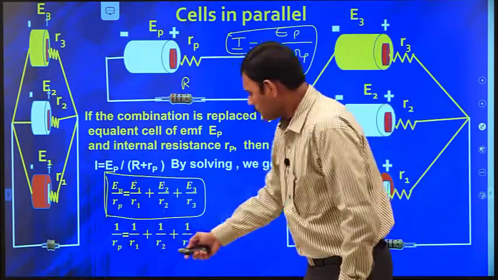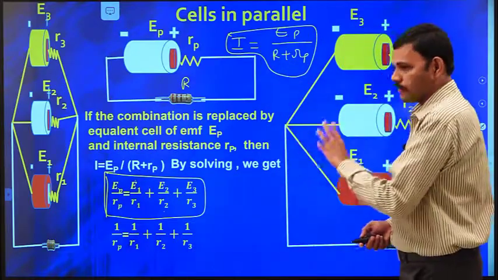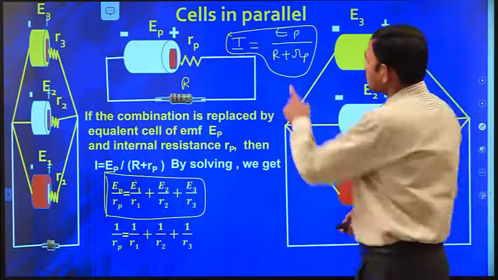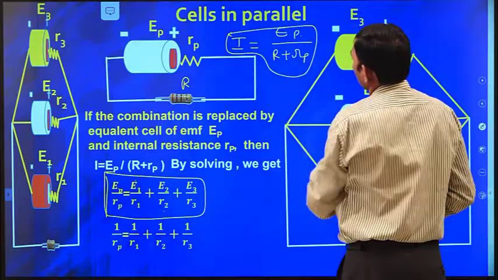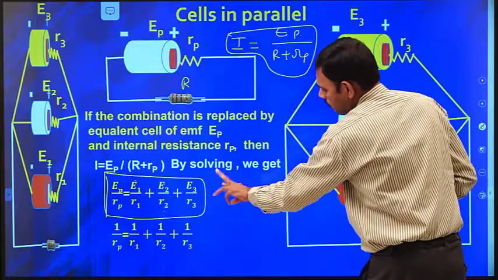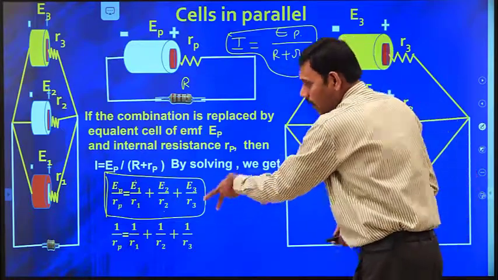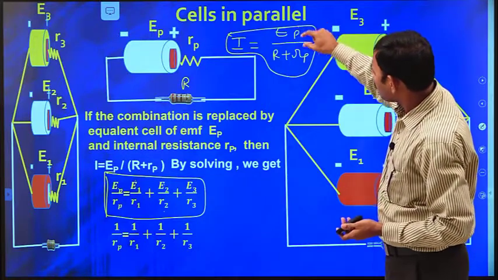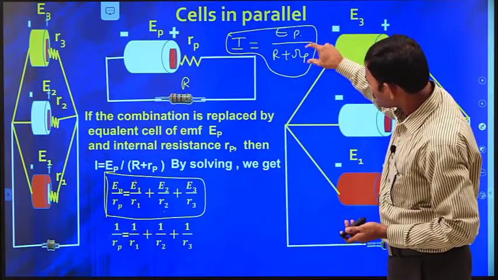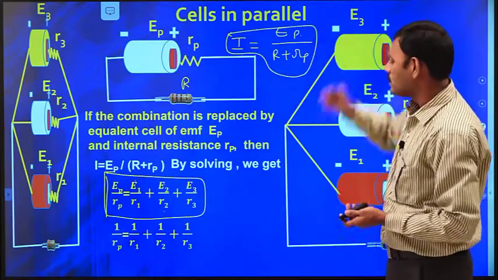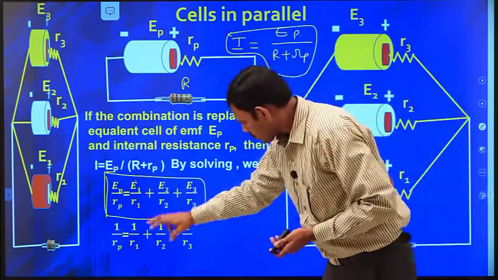This is the simplest way of finding the EP value and RP value. For parallel combination of cells, this is the way in which we find EP, effective EMF of parallel combination, and RP, effective internal resistance of parallel combination. These two are determined by using these expressions.